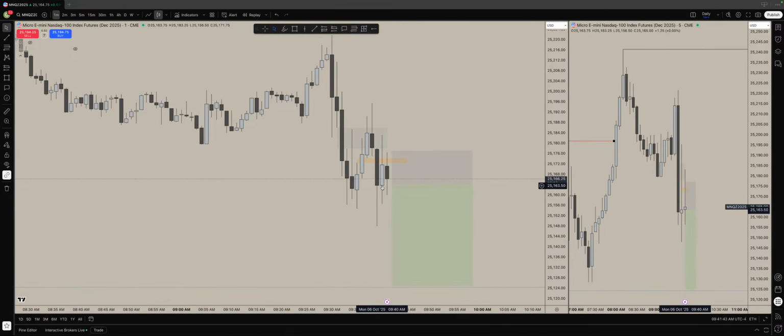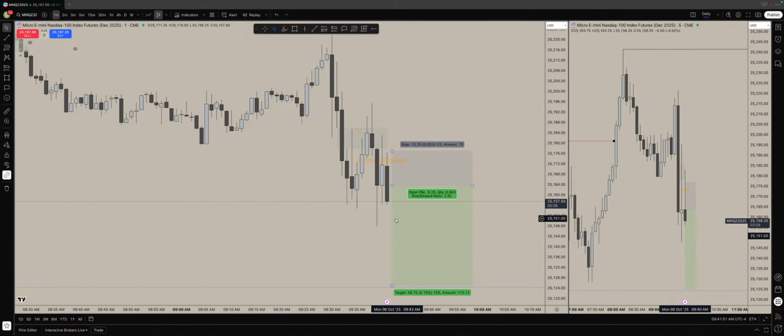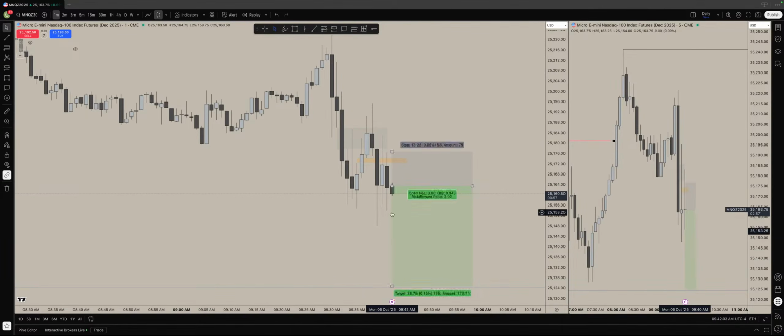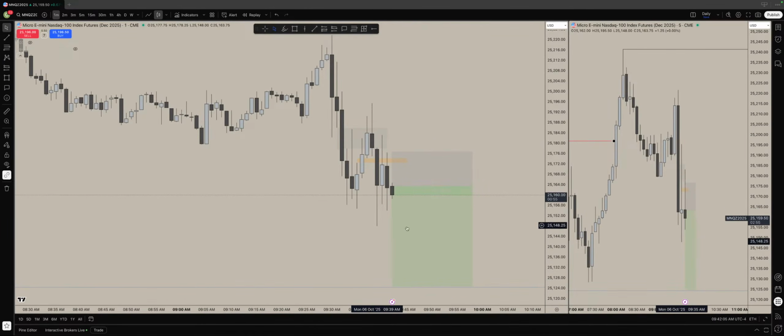But if we were to close below, that would be the propulsion block that we would take short. So yeah, something like that. Entry now. Break even would be here. Target those lows.